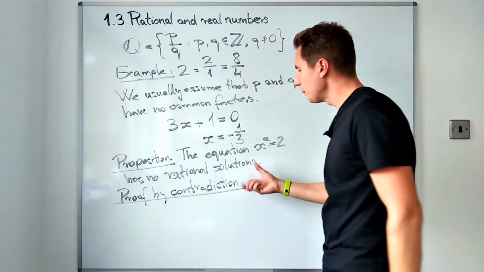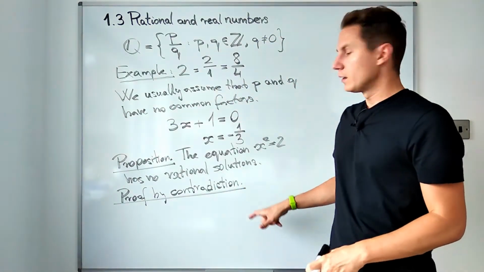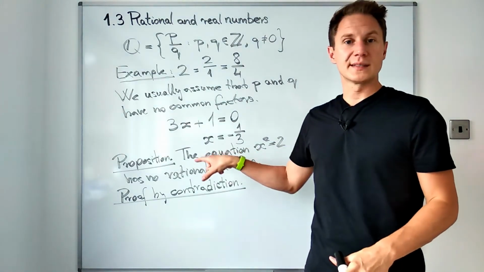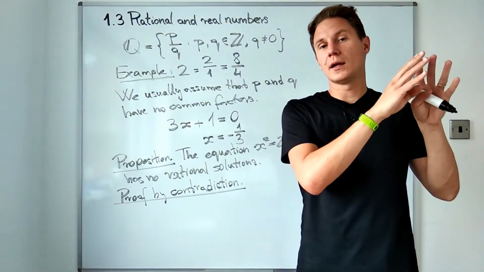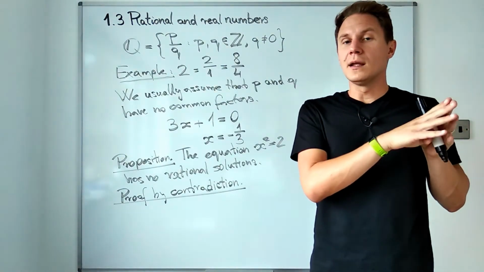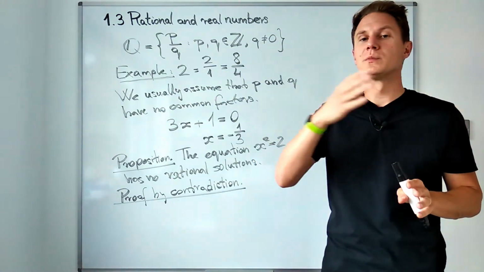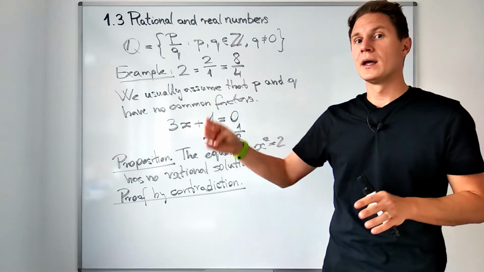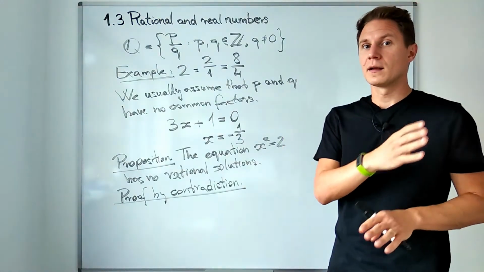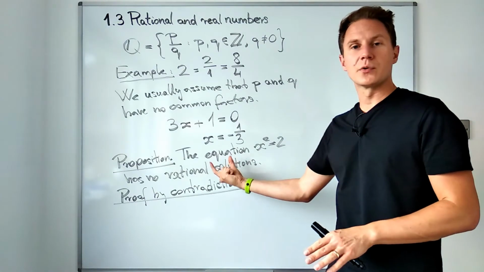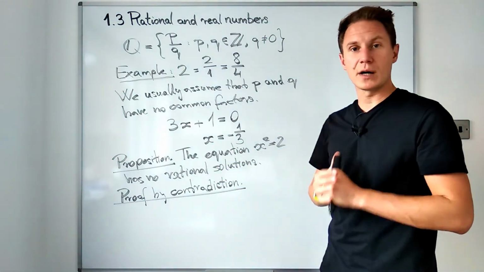The main idea behind this proof method is that we are going to assume the opposite of our statement and then make logical steps and arrive at a contradiction, meaning that somewhere we made a mistake, we assumed something that is actually not true. Since each step is going to be correct, it's only the very first assumption that must be false, assuming that, for example, in this case, there is a rational solution.